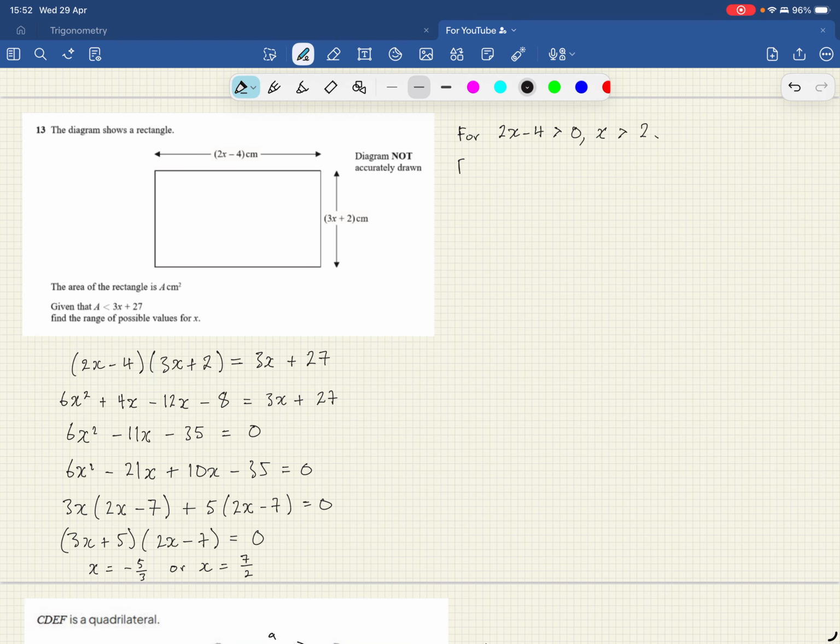And similarly here, for 3x plus 2 greater than 0, then it must be true that x is greater than minus 2/3.